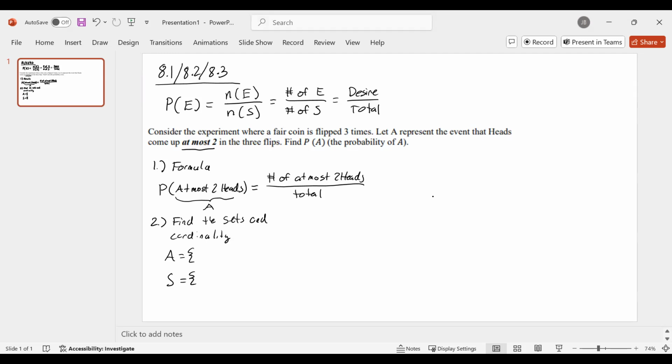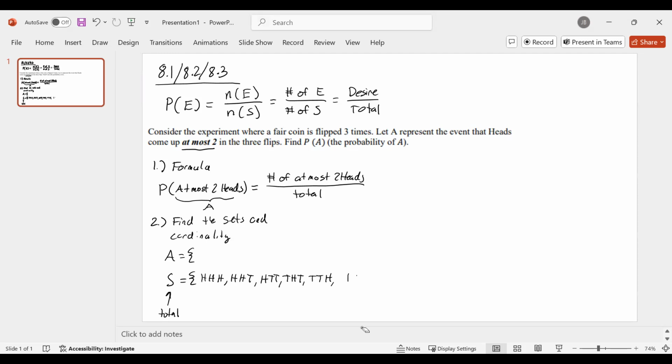Always find the total first. So if I flip 3 coins, I can get heads, heads, heads. I can get heads, heads, tails. I can get heads, tails, tails. I can get tails, heads, tails. I can get tails, tails, heads. I can get, what else do I have? Tails, tails.